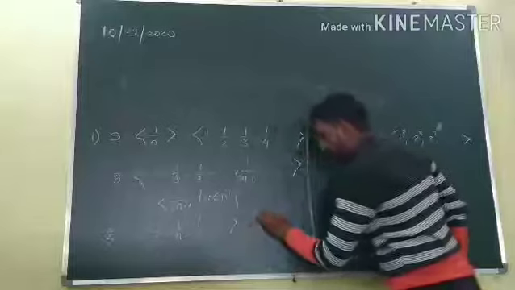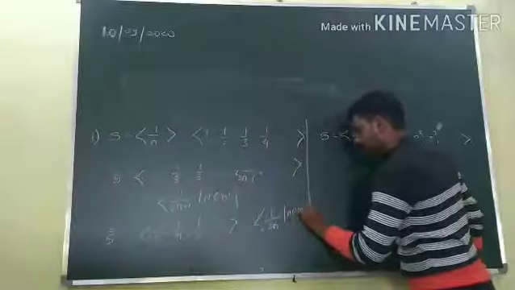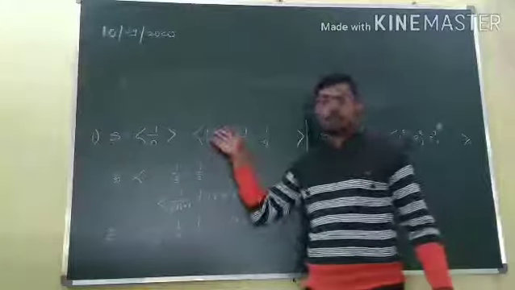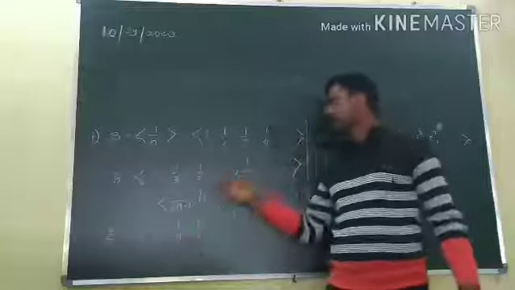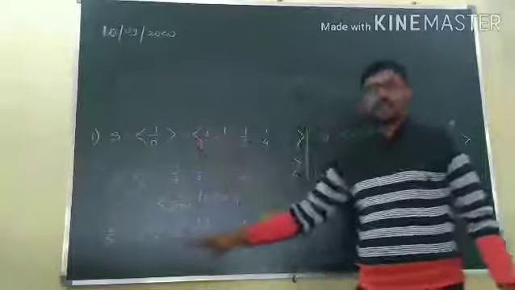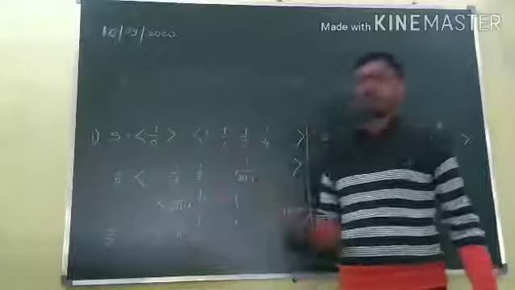It's nothing but the sequence 1 upon twice n such that n belongs to natural numbers. This is also a subsequence of this sequence. Why? Every element here is already contained in s, and the order of elements is also the same, so we don't disturb the order of the elements.